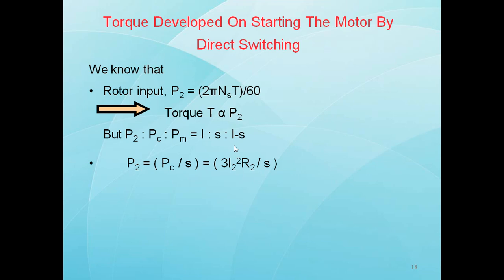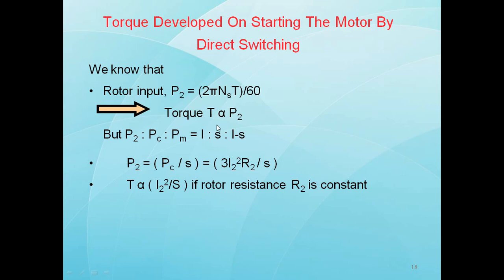P2 : Pc : Pm is equal to 1 : S : (1 minus S). So power P2, that is the input power, is equal to copper losses by slip. So what are the copper losses?